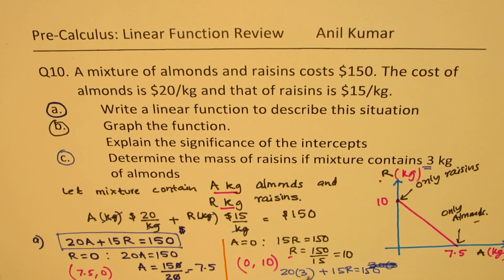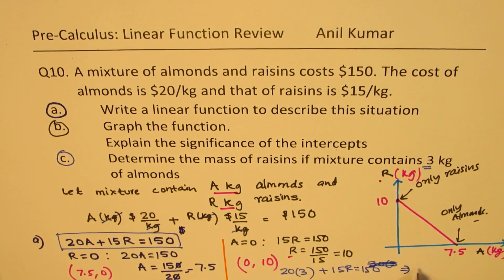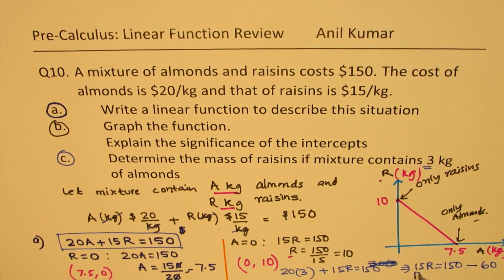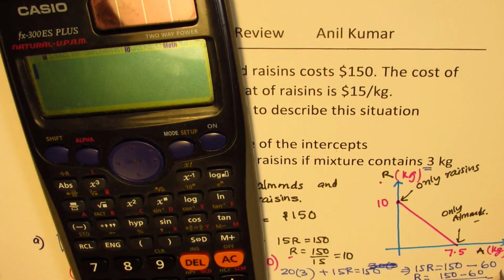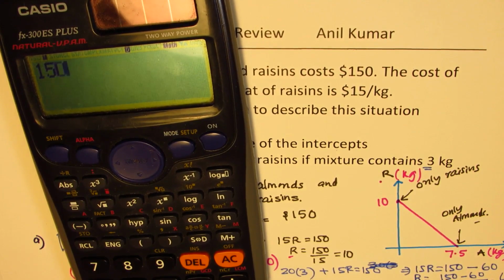So that is 60, and we'll take it to the right side. That gives you 15R equals 150 minus 60. So raisins will be 150 minus 60, which is 90, divided by 15, and we get our answer, which is 6.